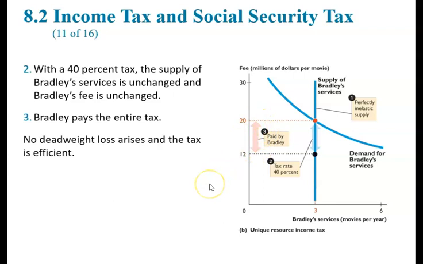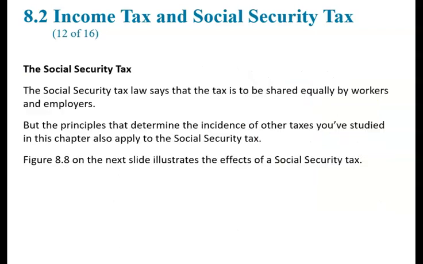But in this scenario, since the supply curve is perfectly inelastic, it results in no deadweight loss, so it's still an efficient outcome after the tax. Now the Social Security tax pretty much follows the same sort of logic as the tax on labor and the tax on capital.